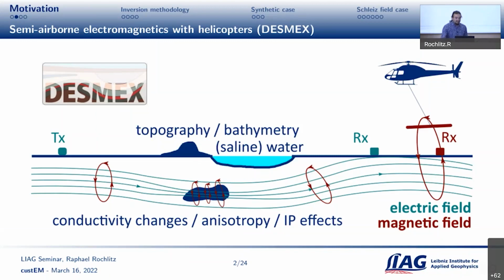A particular challenge for simulating the data is that we need to include our topography, we need to include our realistic transmitter layout, and we could also consider anisotropy and IP effects. So this is not a standard EM setup, but a rather complex 3D geometry.